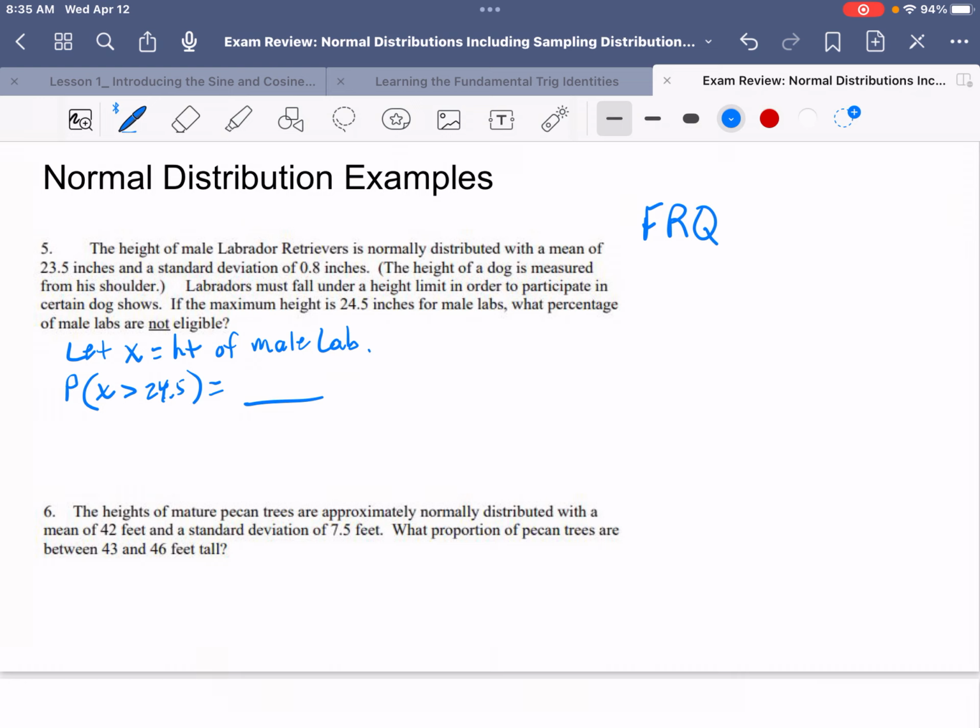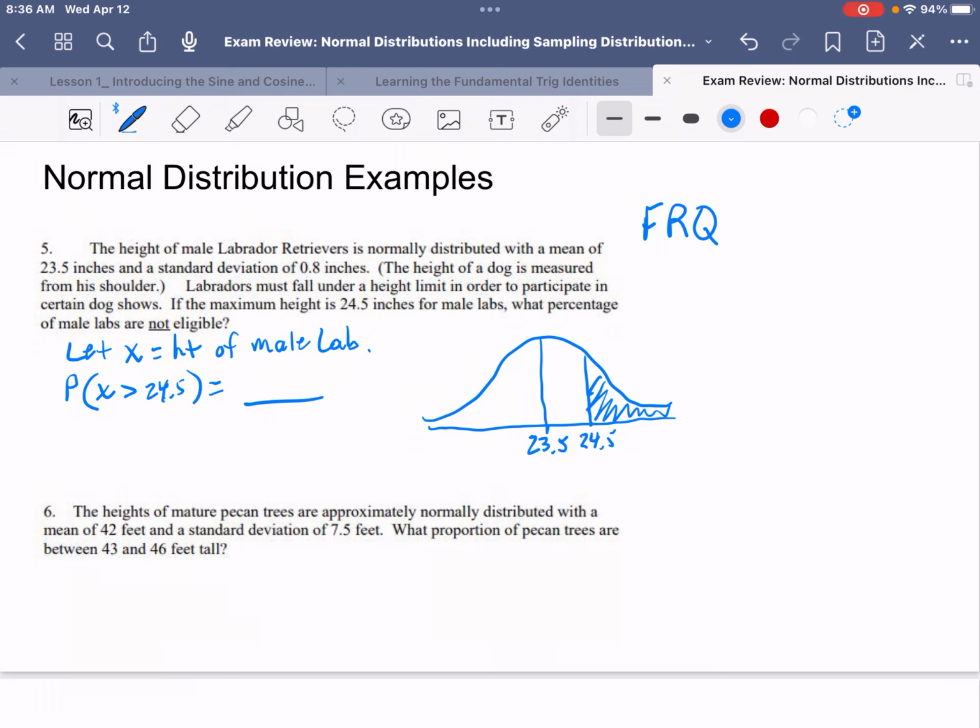What percentage of labs will not be eligible? Now, if it's a free response question, there is no question about it that as part of your work shown should be a bell-shaped curve with the center defined. So let's see, we've got a mean of 23.5, and we're looking for the percentage of Labrador Retrievers that are greater than 24.5.